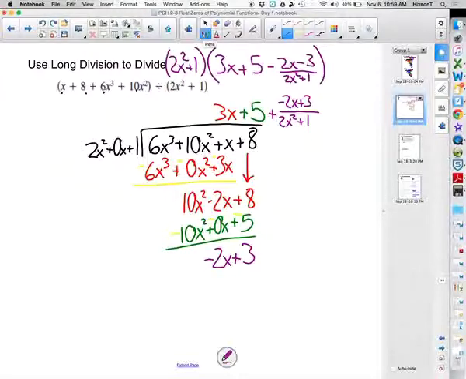Does that make sense? Personally, just to be safe, I always just put plus and then put what I got from my remainder in there. So be careful with your signs when your remainder has more than one term.